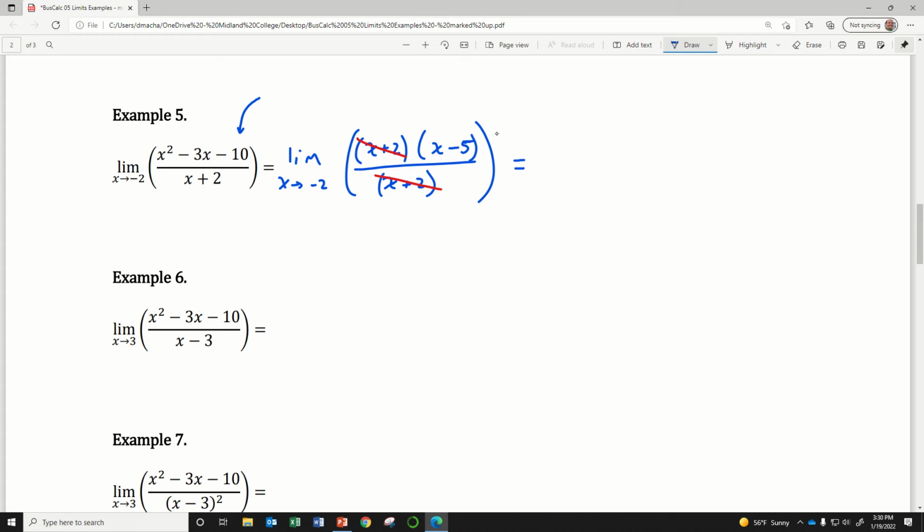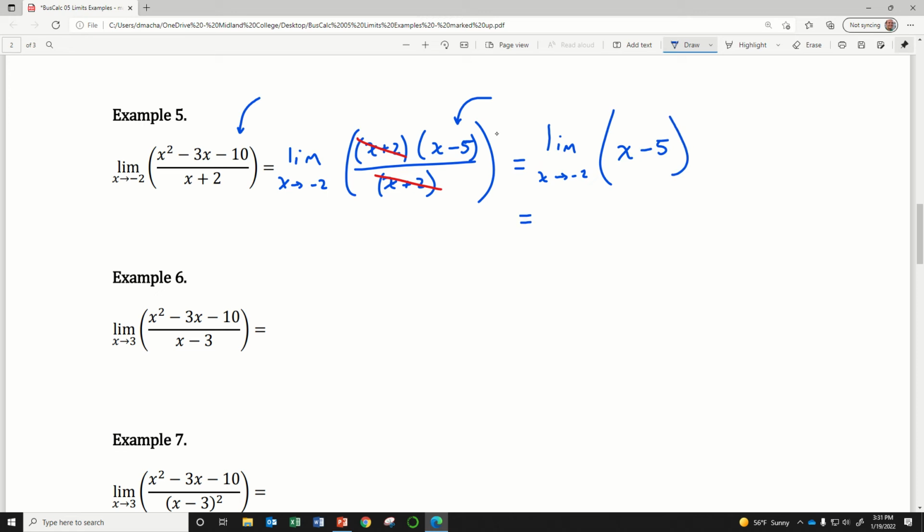And based on what we know about rational functions, everywhere else besides x equals -2, this is going to behave just like the much simpler linear polynomial x minus 5. So we can take the limit as x approaches -2 of x minus 5.